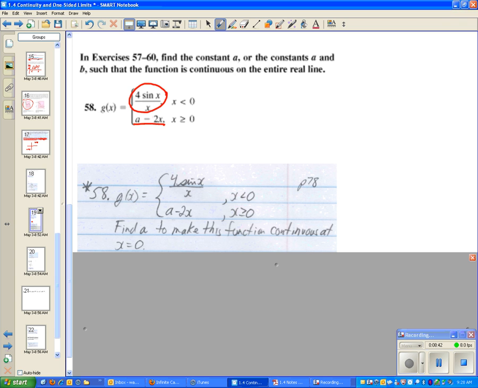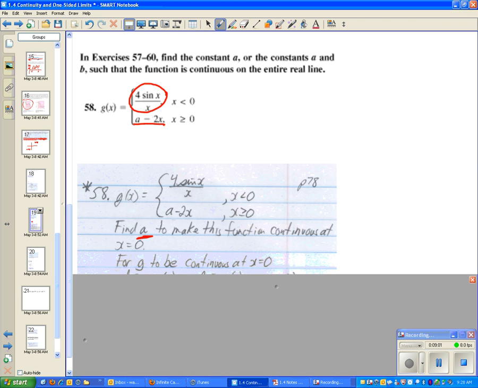So the question is, do they connect? Well, actually, the question is not do they connect. The question is, make them connect. We have to find the correct value of a that will make them connect. Now, for g to be continuous at x equals 0, what has to happen?